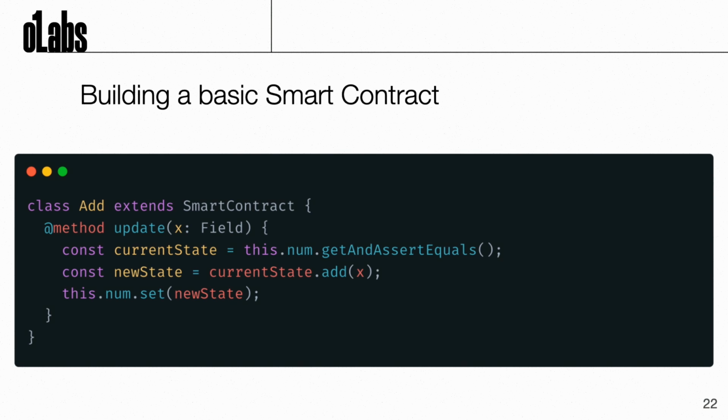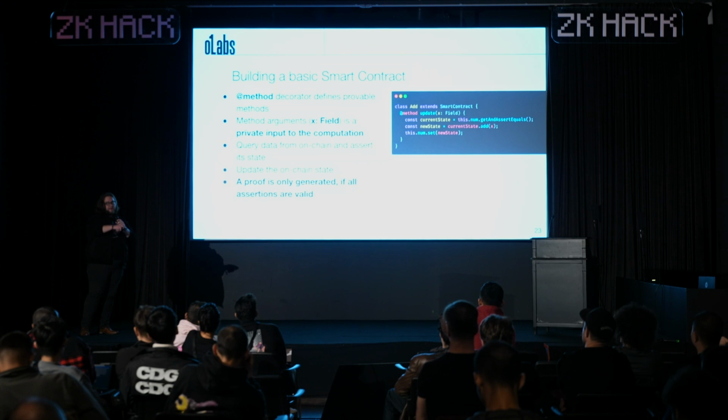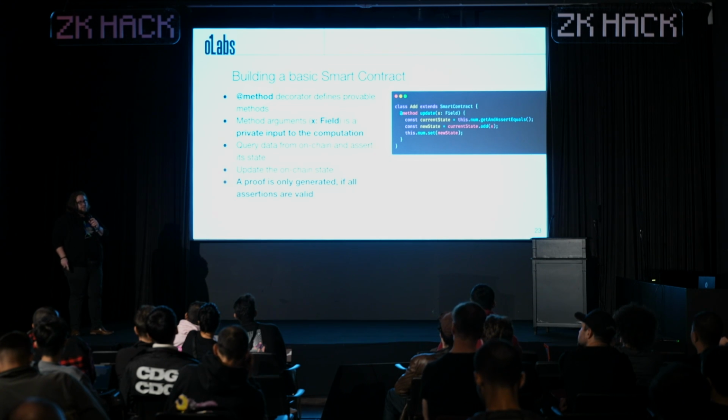And then there's the actual important part of the application, which is methods. Methods are like any other smart contract methods. They let you execute some code and update the chain state, and in addition to traditional smart contracts, they also generate a proof. So the method decorator is used to declare functions on a smart contract as provable methods.